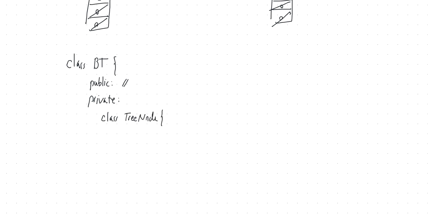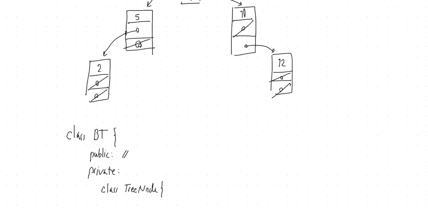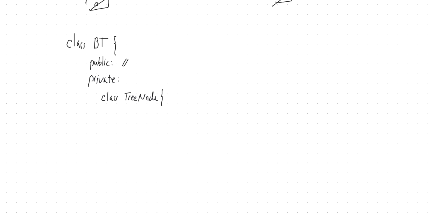And according to what we see here, a tree node has 3 member variables, some key or data, and then 2 pointers to other tree nodes. So there will be some data of type T. I'm assuming that I'm using templates. And then the type of the other 2 member variables will be tree node star called left. So this is the pointer that points to the left subtree or left child, I should say. And then tree node star right that points to the right child of this node.